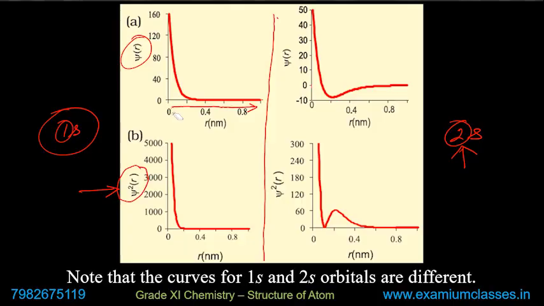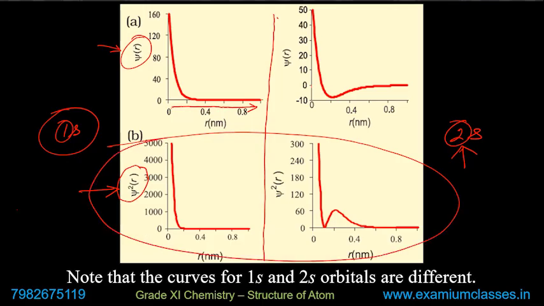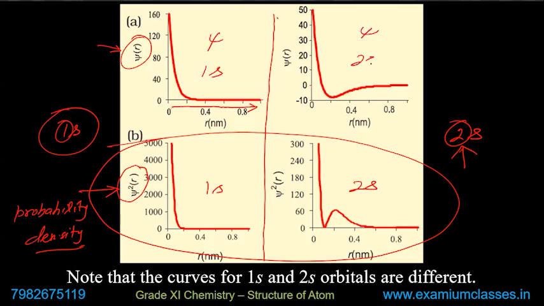But for that, we first need to know psi, because we will square it to get the density. So these two will give us the probability density. Probability density means the density of electrons within the orbital, meaning the probability of finding the electron is maximum there. This is psi for 1s, and psi for 2s.